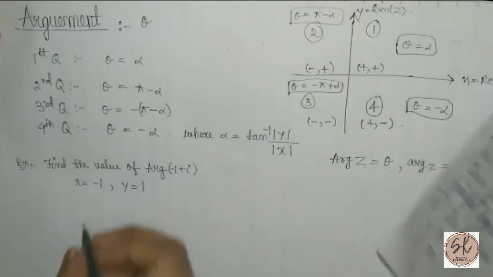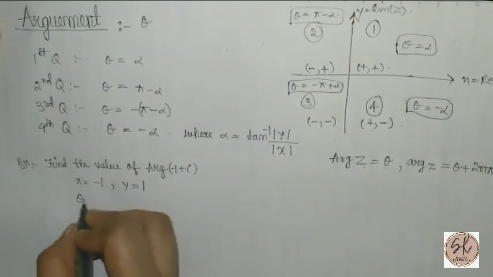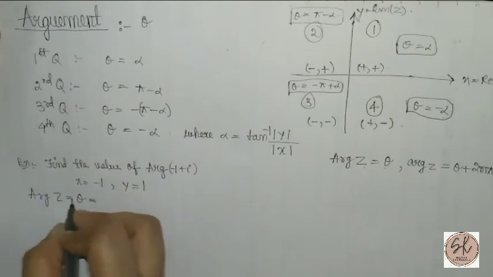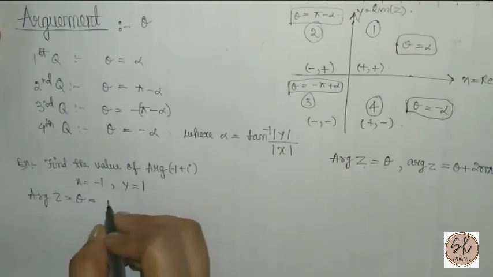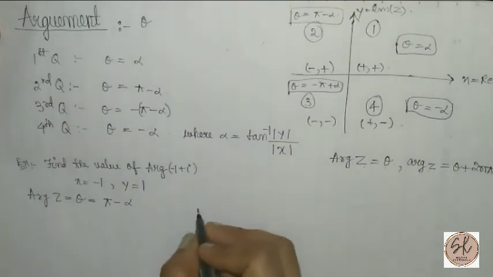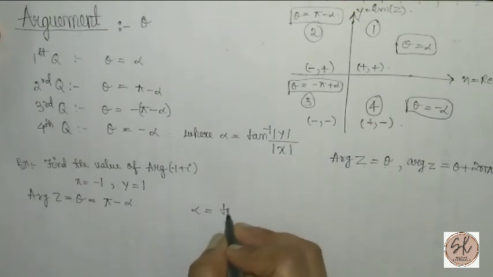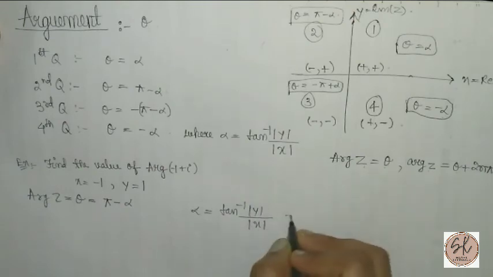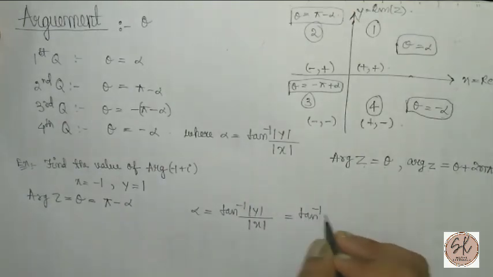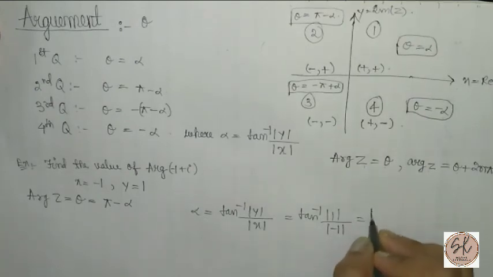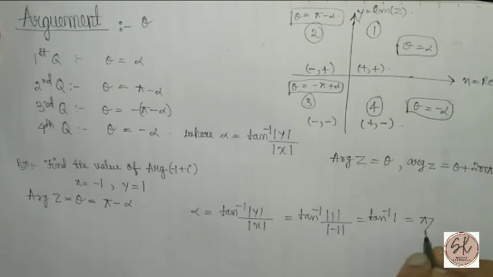Okay, so here theta is equal to arg z, that is equal to pi minus alpha. So we will first find alpha, that is equal to tan inverse mod of y by mod of x, which is equal to tan inverse of 1 by mod of minus 1, that is equal to tan inverse 1, which is equal to pi by 4.